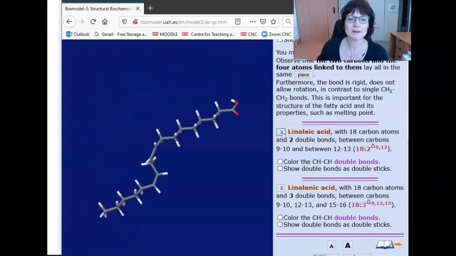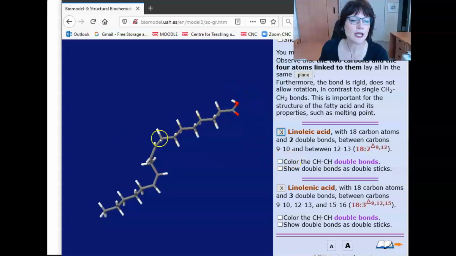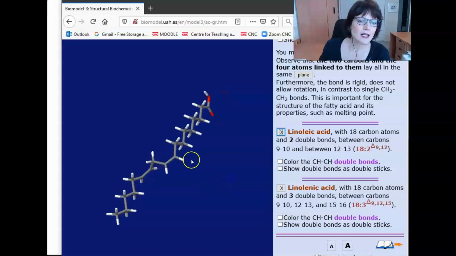If you click on linoleic acid, which is another type of fatty acid, here's the carboxyl group, and it's an 18 carbon with 2 double bonds at the carbons 9 and 10, and 12 and 13. So reading from the carboxyl group, here's carbon 1, 2, 3, 4, 5, 6, 7, 8, 9.